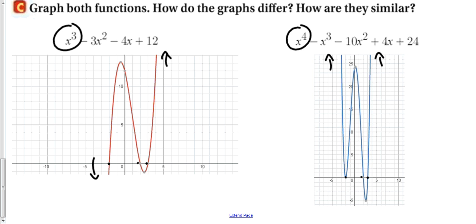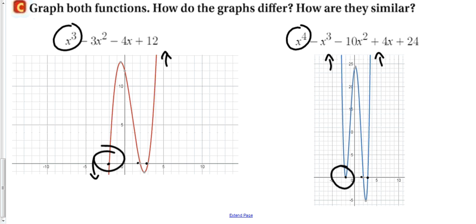The biggest difference is what happens right here. In my first problem, in my part A, the 0, -2 happened once. In this one, it happened twice. And look what happens. At that 0, the graph just touches the axis and goes the other way.